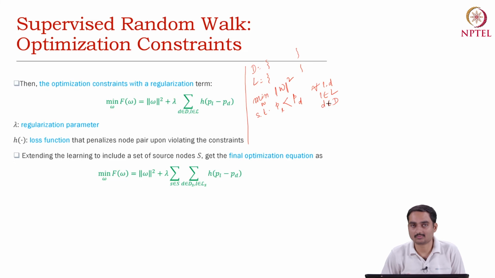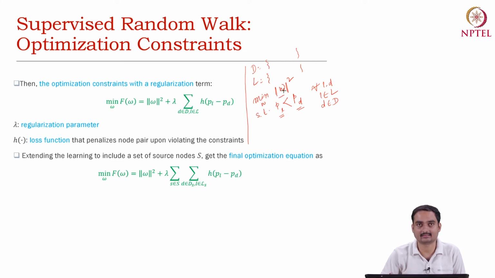We want our random walk process to produce a rank list, or page rank values, such that all the negative nodes have lower page rank values compared to the positive nodes. And W is the parameter.